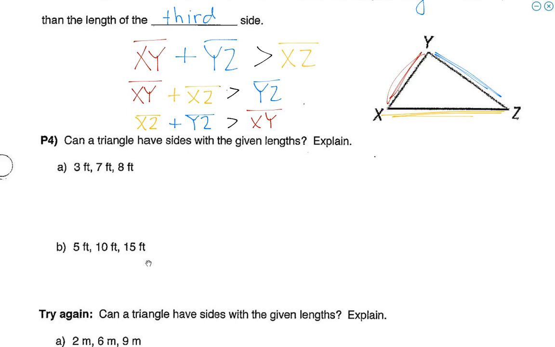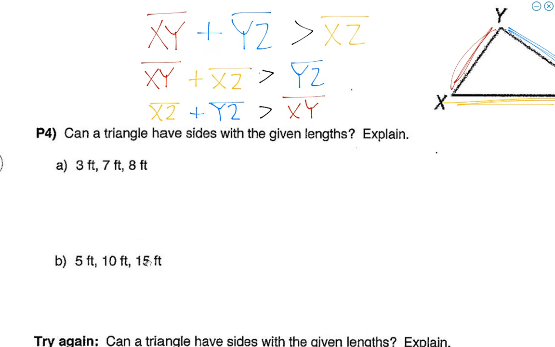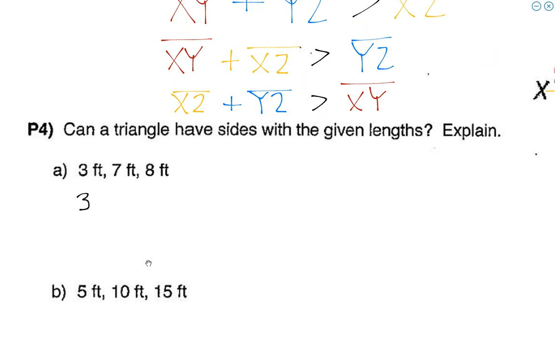So can a triangle have sides with the given lengths? I'm going to basically try those three scenarios. 3 plus 7 is greater than 8, so that's good. 3 plus 8 is greater than 7.